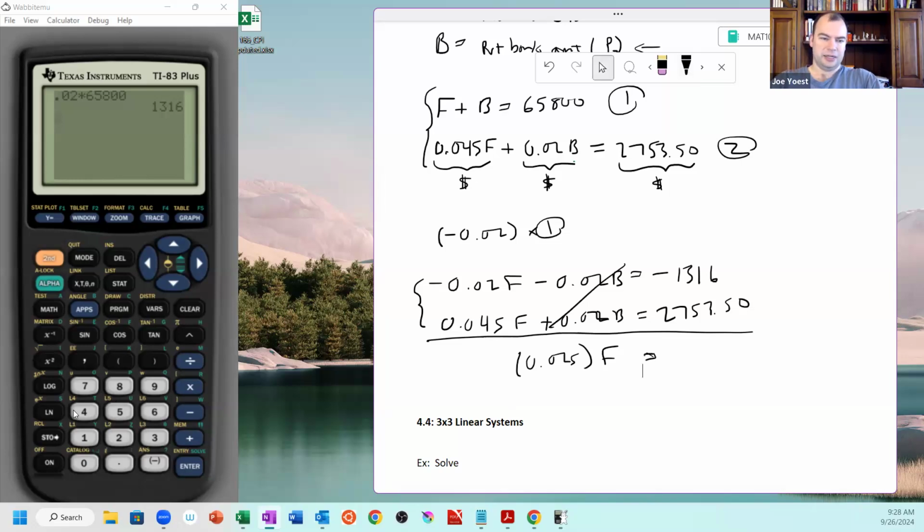And my right-hand side, let's see what that is. 2753.50 minus 1316, 1437.50. And then I'll divide that by 0.025.